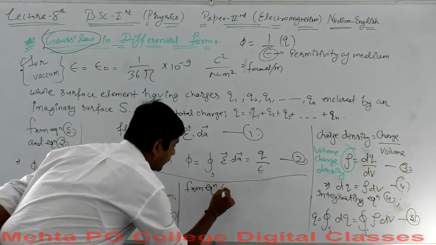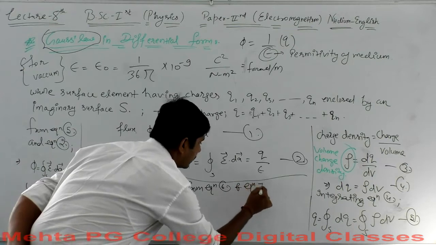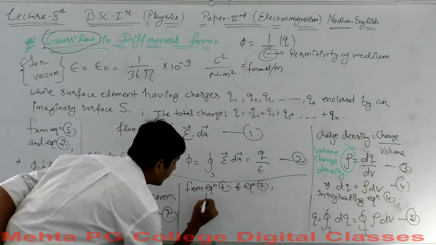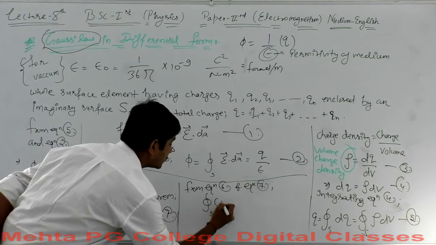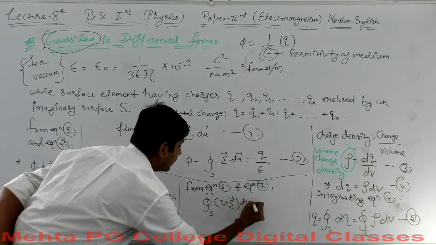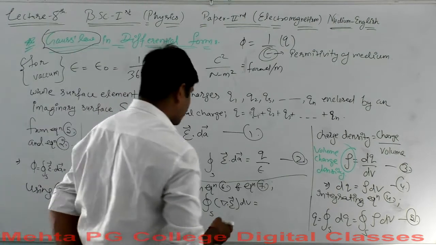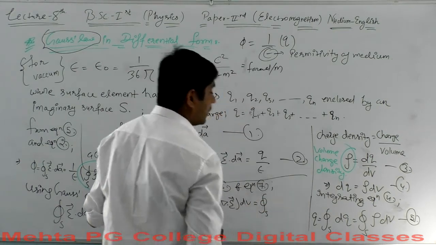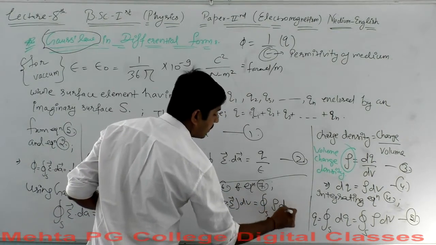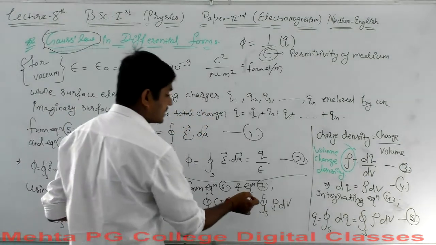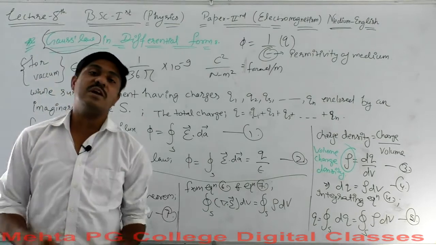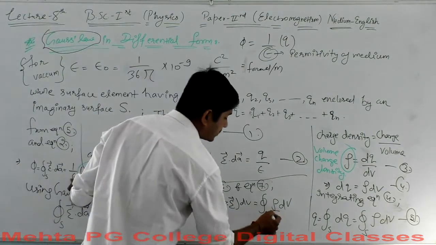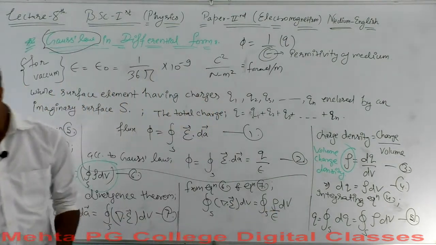The integration over closed surface of del dot E dV is equal to the integration over closed surface of rho dV, with 1 over epsilon also considered here, so rho over epsilon.